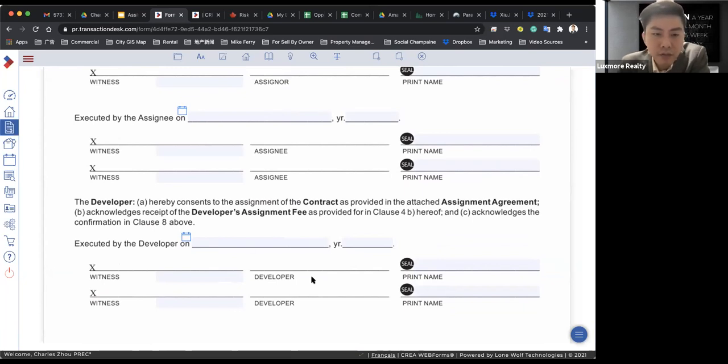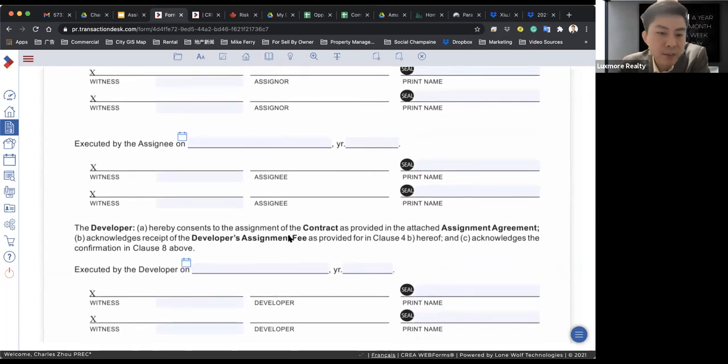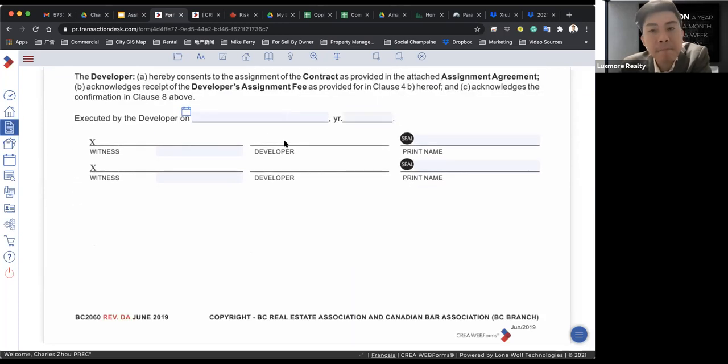But now bigger developers won't sign on this page, just leave it empty. What they do now is they will have a separate agreement, which is also called assignment of contract, developer's version. They will give you that, and you have to sign with your assignee and assignor. So just make sure you know how different developers do things differently.